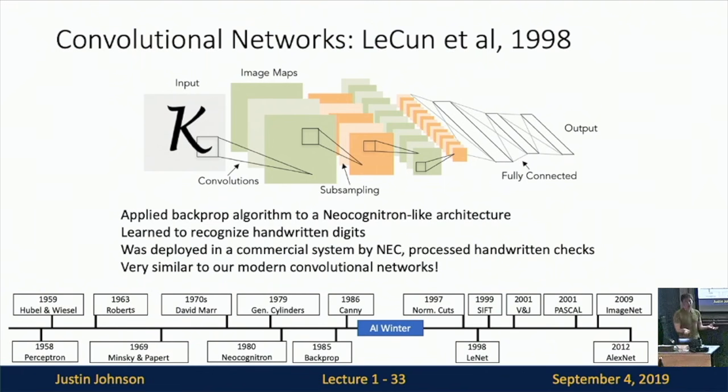And with that combination, they were able to train these fairly large, at the time, convolutional neural networks that could learn to recognize different types of things in images. And this was a hugely successful system. It actually was very successful commercially. So in addition to being a piece of very influential academic research, it was also deployed in a commercial system by NEC Labs.